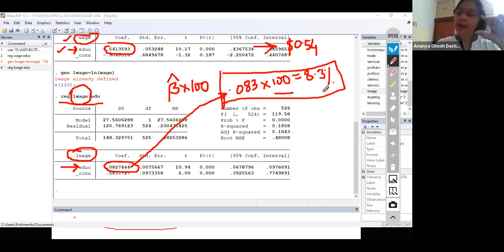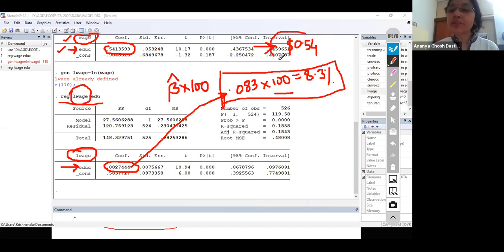So for a unit increase in education, no matter what the level of education, whether you're looking at 10 to 11 or 16 to 17 or 20 to 21, as long as you're looking at a 1 year increase in education, wage will increase by 8.3%, the same percent. That's why it's called a constant percentage effect model.